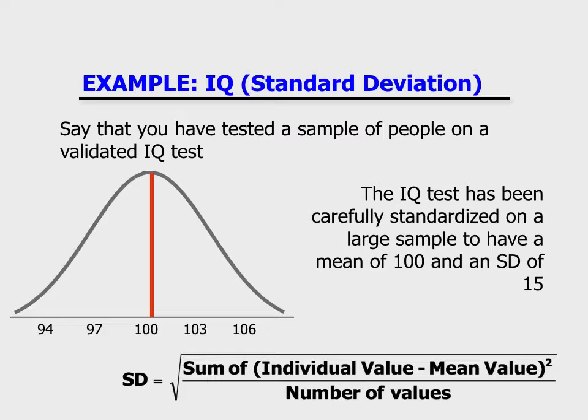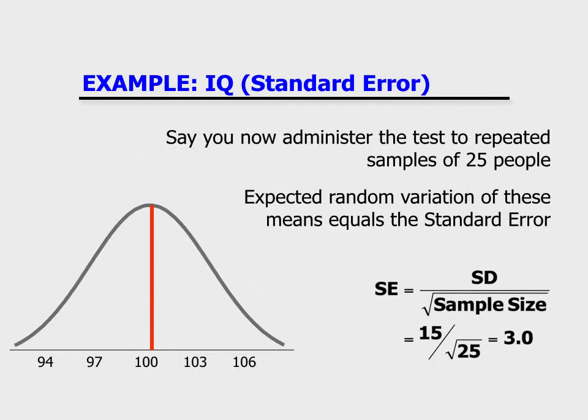We take our standard deviation, which is again the square root of the sum of our values minus the mean squared over the number of observations. So we get our standard deviation, and in this case, our standard deviation is about 15.